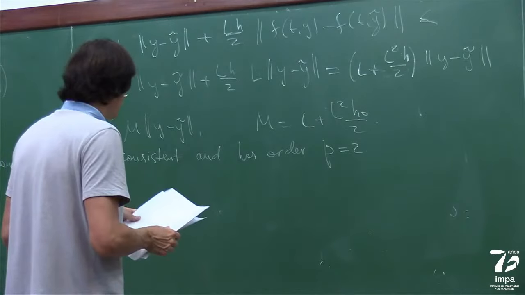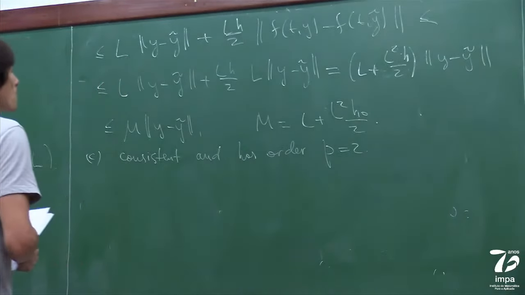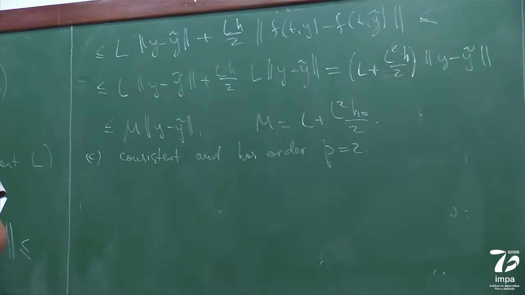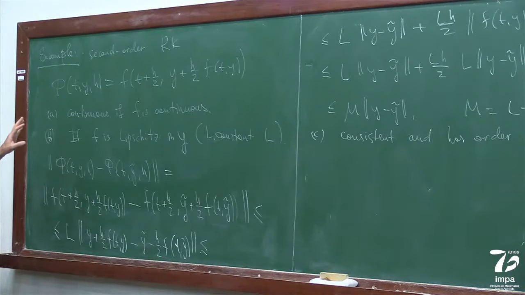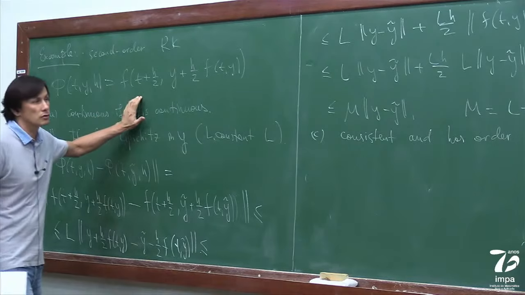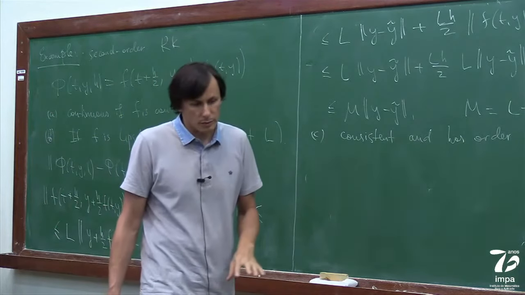So now, whenever you use this method implemented in some packages like MATLAB, Python, and so on, the Runge-Kutta method is the one that you often use. So you often use second, third order, and we will talk about this difference.